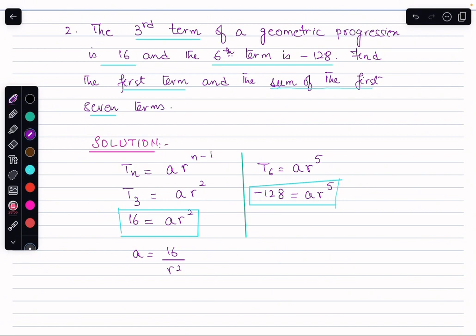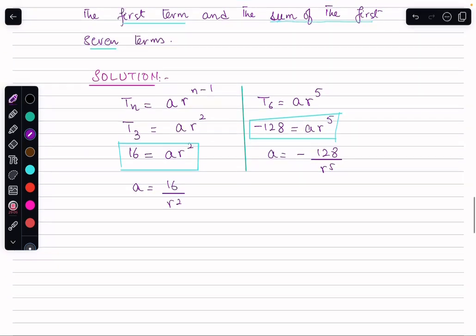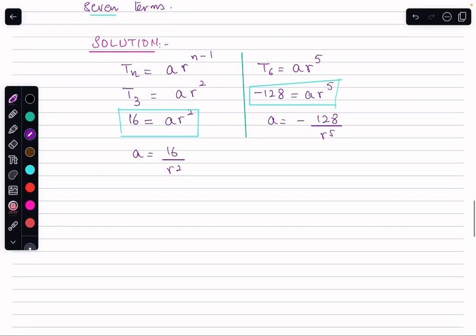From here, a shall be equal to negative 128 divided by r to the power 5. I can just solve the two equations simultaneously, and I will get 16 over r squared equal to negative 128 divided by r to the power 5.